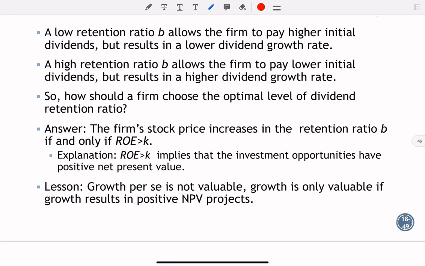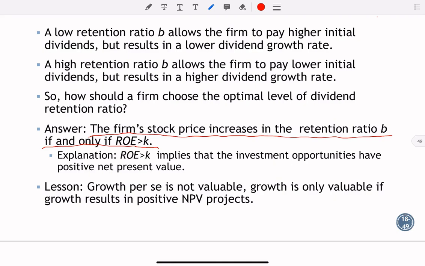A firm's stock price will increase in plowback ratio B if and only if return on equity is larger than the market capitalization rate, right? If you know some partial derivatives, it's very easy to prove this. If you're interested, you could ask me.